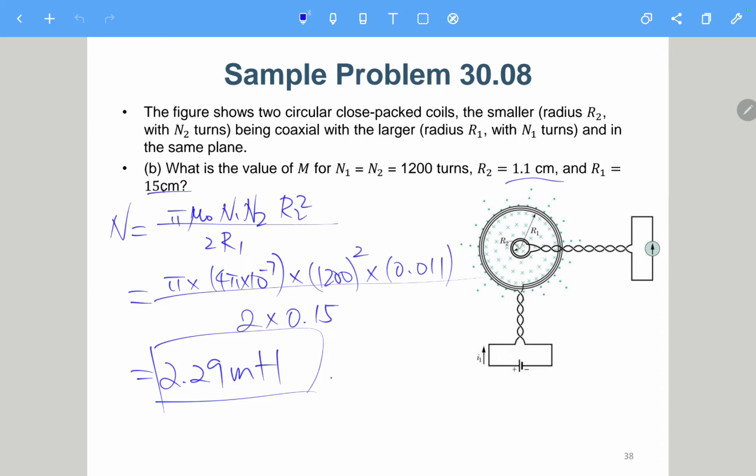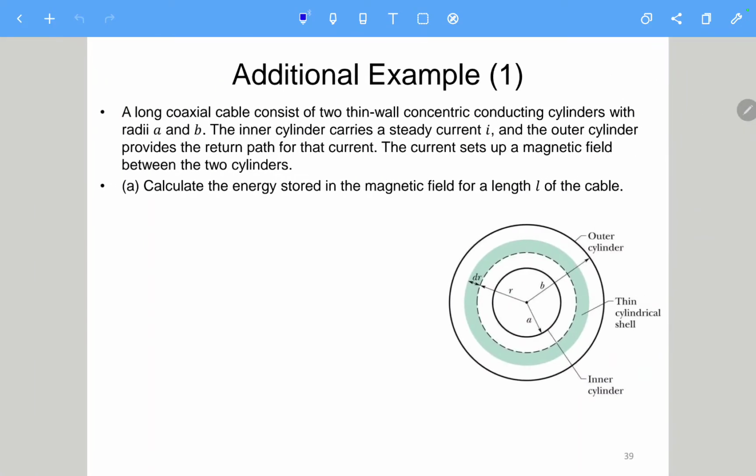Okay, so before concluding this chapter, we have 2 additional problems. Here it says a long coaxial cable consists of 2 thin-wall concentric conducting cylinders with radii A and B. So here you can see this is A, this is B. So this is the inner one, this is the outer one.